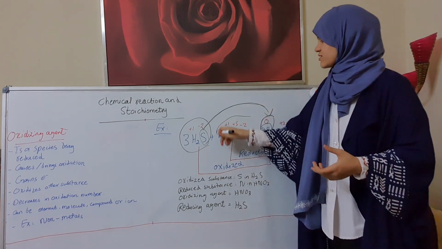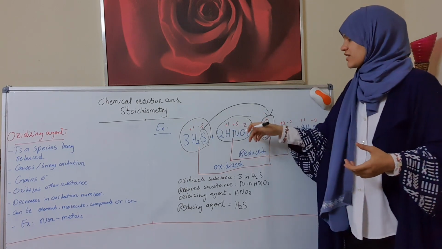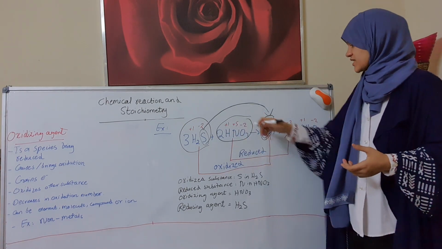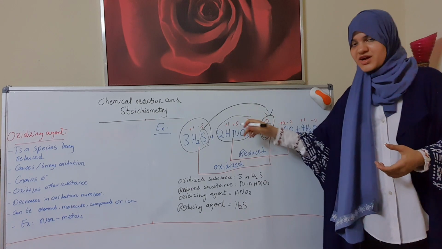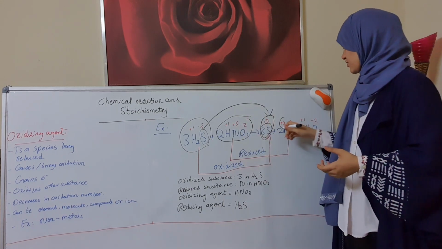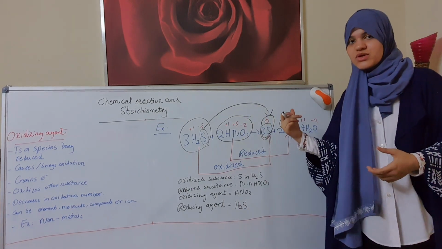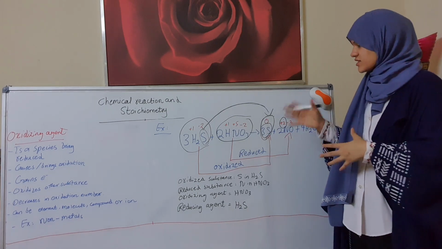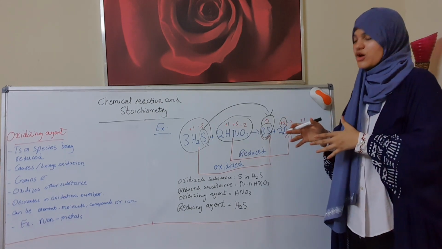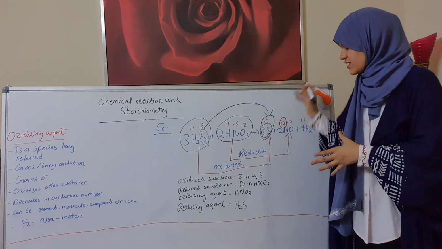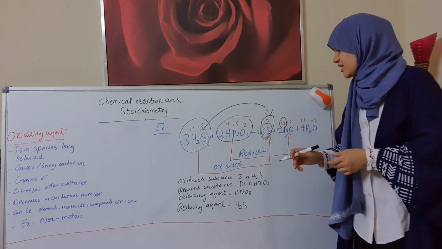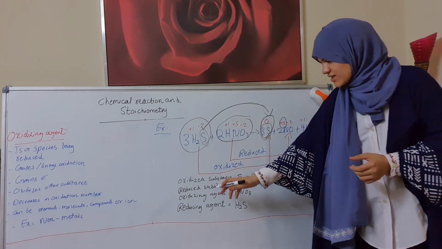Actually it is nitrogen, because here it was +5 and here what we have is +2. So this element is called the reduced substance in HNO3. Okay, now which one is the oxidizing agent?